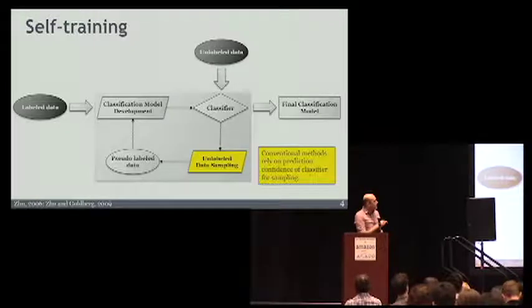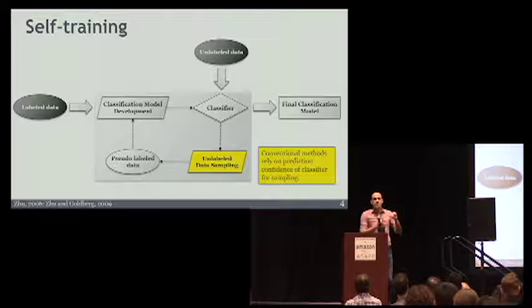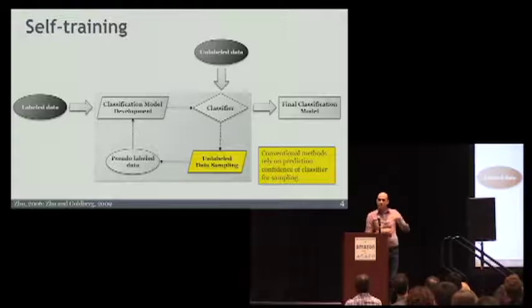However, in terms of data sampling techniques, the conventional methods often rely on the classification confidence of the target classifier, meaning that at every self-training episode, X% of the most confident instances are sampled from the unlabeled data and added to the training data.